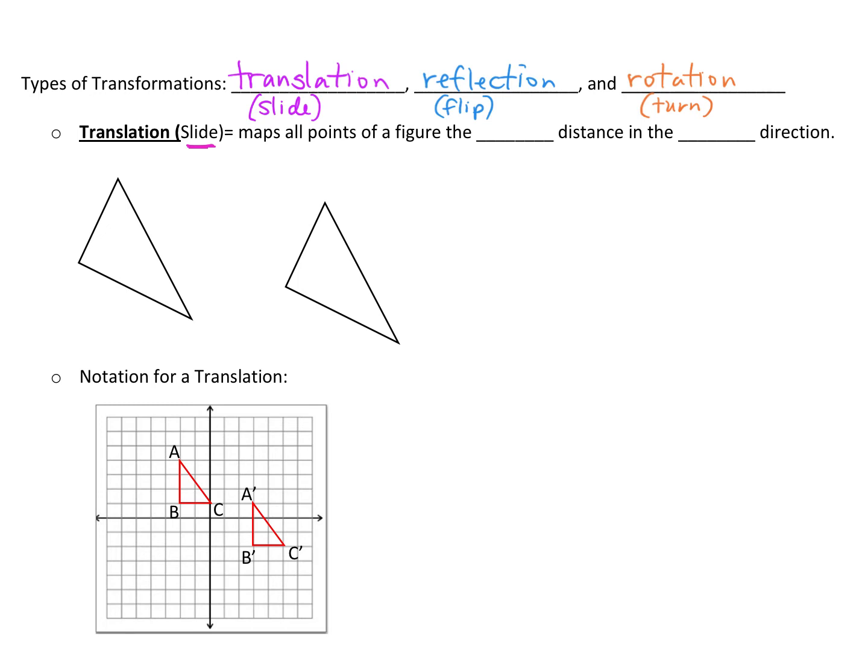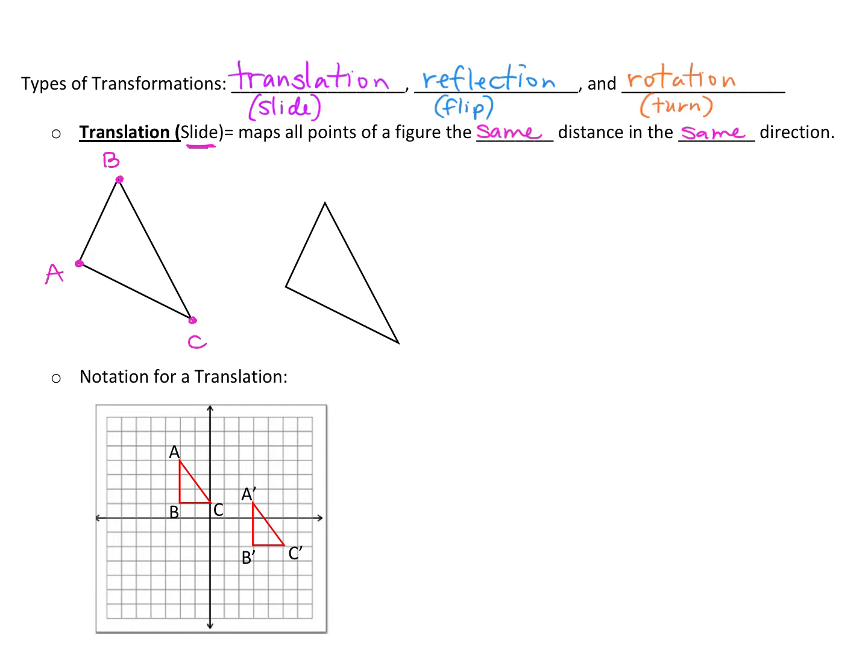So a translation, here's what it says. It maps all points of a figure the same distance in the same direction, okay? So let's call this triangle right here, triangle ABC.